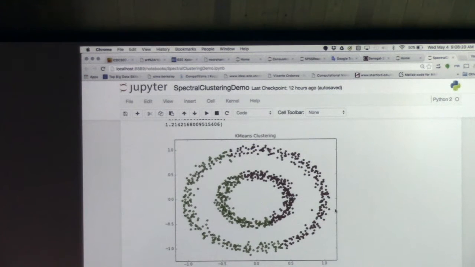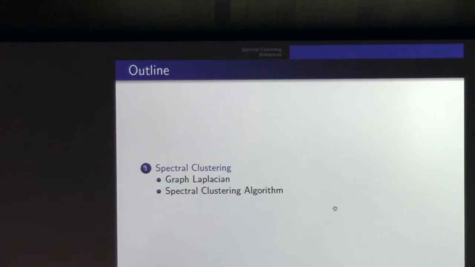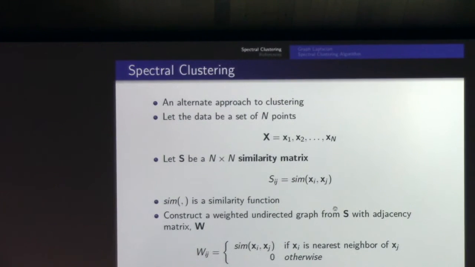So in spectral clustering, the idea is that you have some data, you first convert it into a graph, okay? And last time I showed you how to exactly do that, right? So what you do is, you take your data points, you measure distances between them, and then you create a graph in which each point becomes a node, and then you connect two nodes with an edge if they are very close.